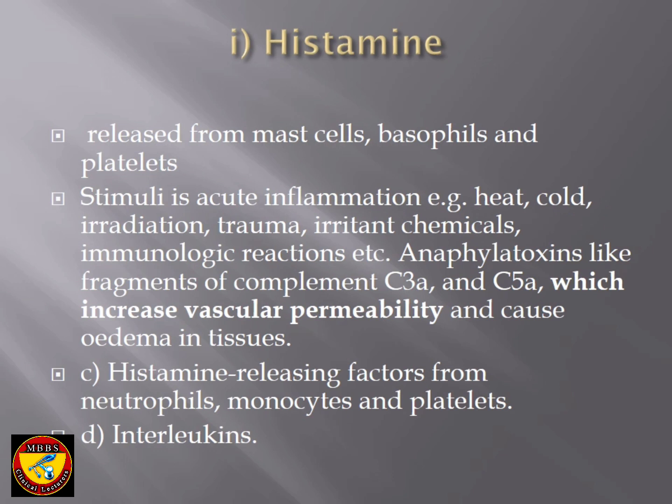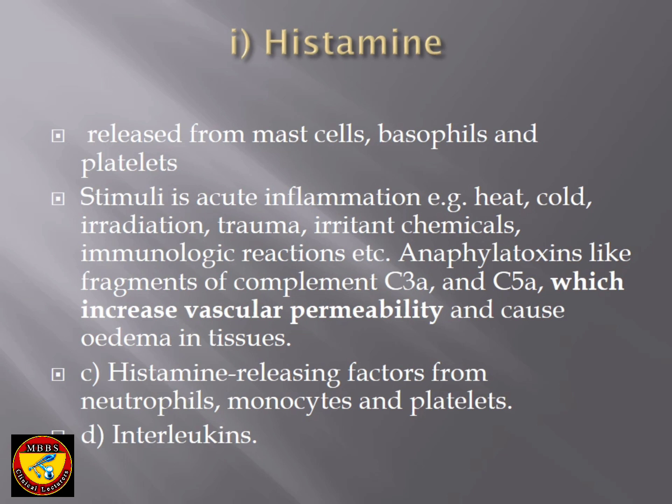Now, first of all, histamine. To remember any chemical mediator, you should remember three basic features. One is from where it is released. Number two is the stimuli, and number three is the action or the effect.